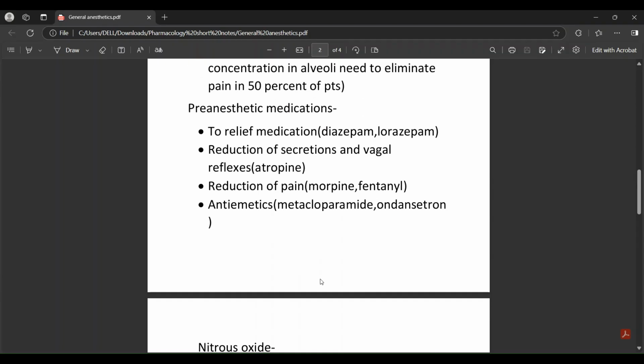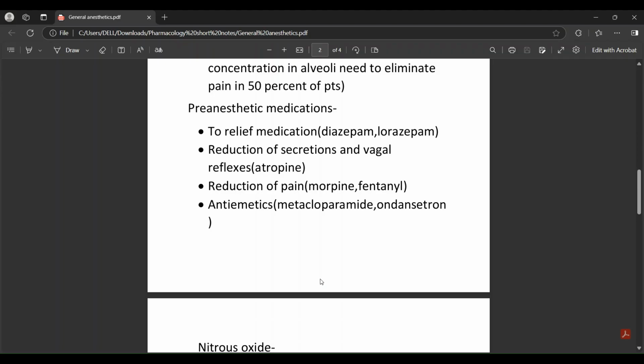And when you talk about pre-anesthetic medication, you have to know what drugs we use and what we use them for. To relieve anxiety, we use diazepam and lorazepam. For reduction of secretion and vagal reflexes, we use atropine. Why reduce secretion and vagal reflexes?